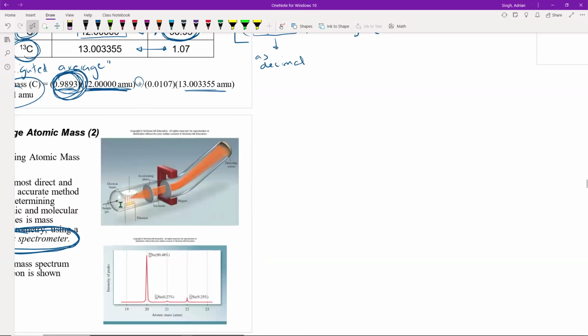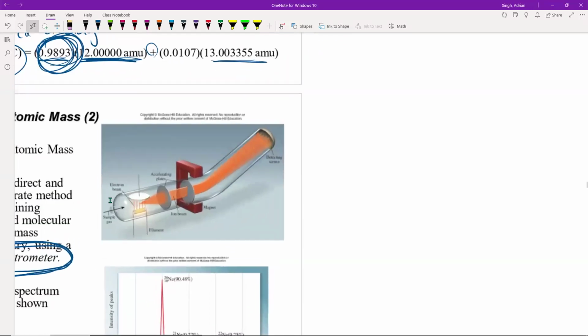If we look at a typical layout of it, we're going to inject our sample through this end over here, and the sample needs to be turned into a gas to begin with. As it goes through, it gets zapped with an electron beam, and what it does is it converts your sample into something with a positive charge. So we have these positively charged species that are produced over here, and then they are accelerated through this region.